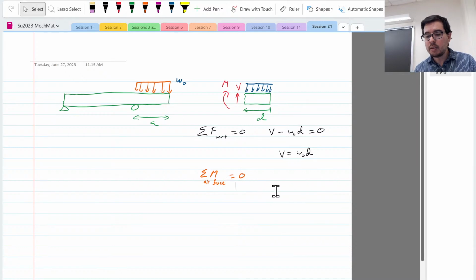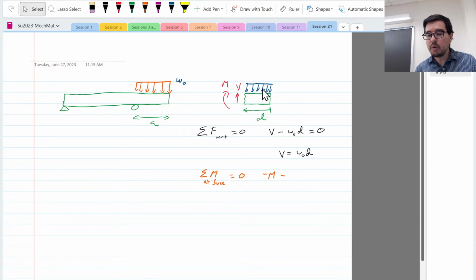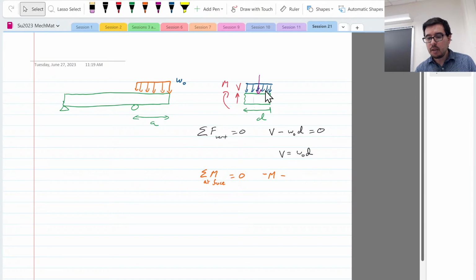So in that case, we've got what we'll call a negative M, and we've got now also a negative contribution from the distributed force. Where is this effectively acting? This is effectively acting at the midpoint.